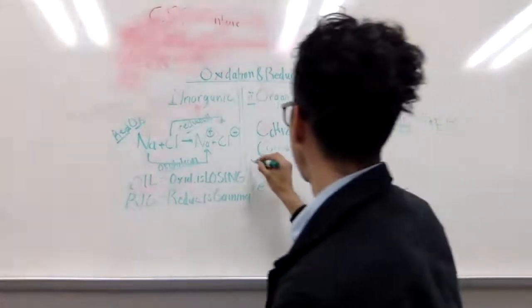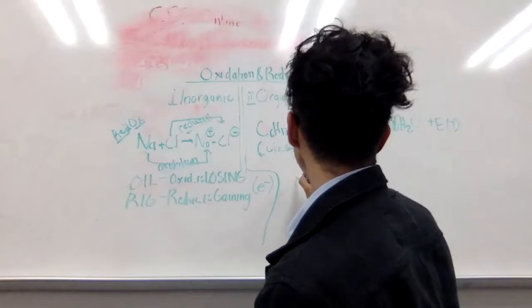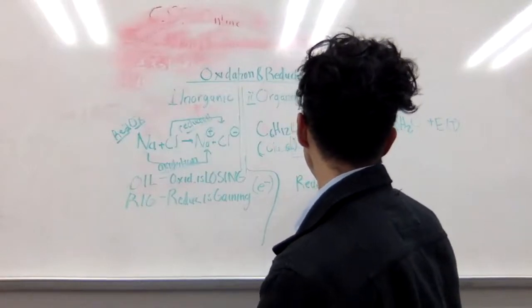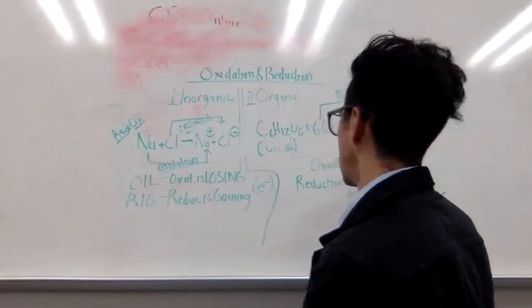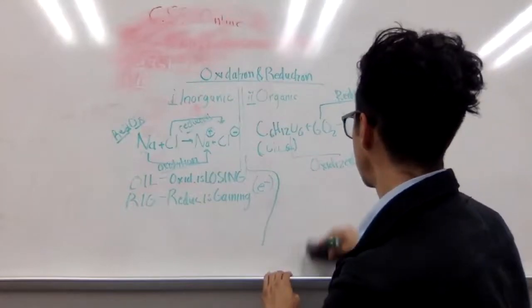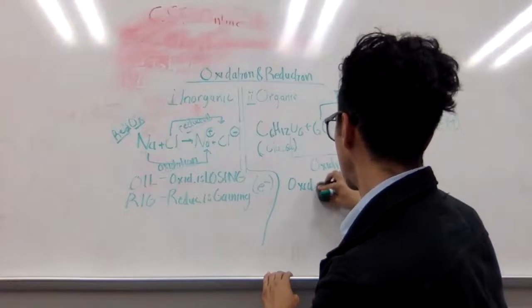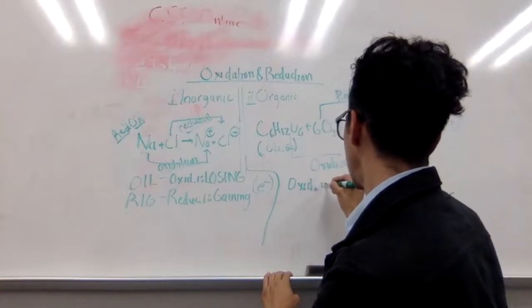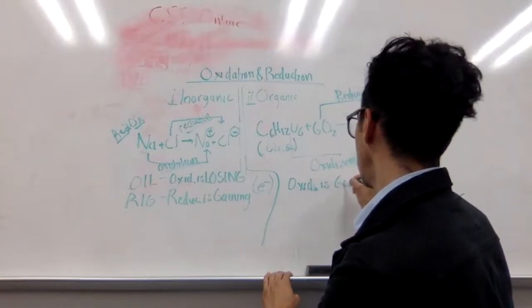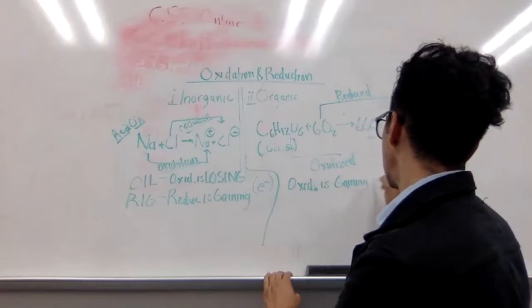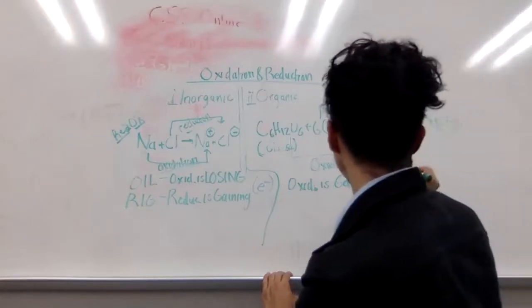Now, let me write that down. Reduction is gaining CH bonds.